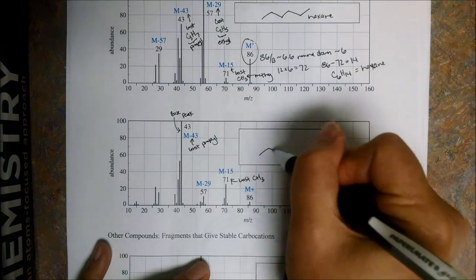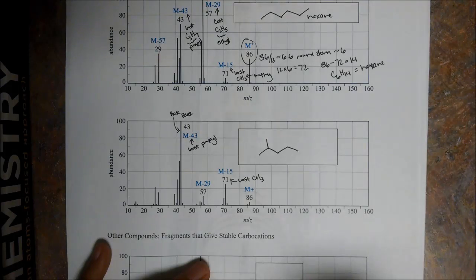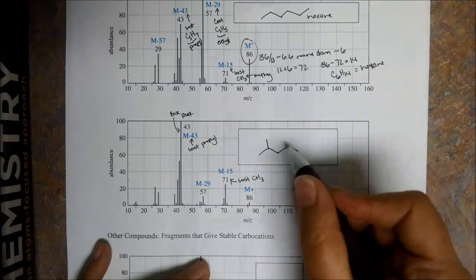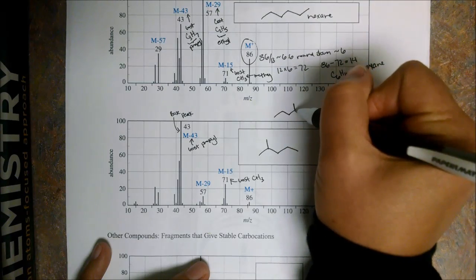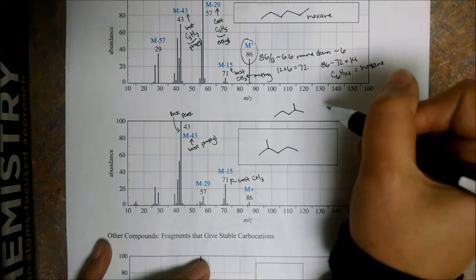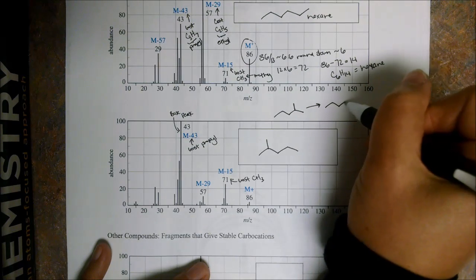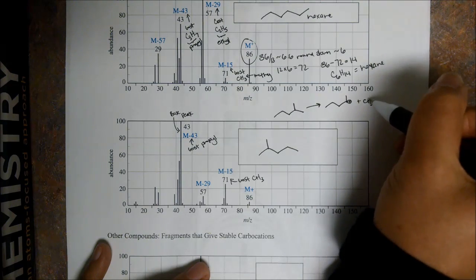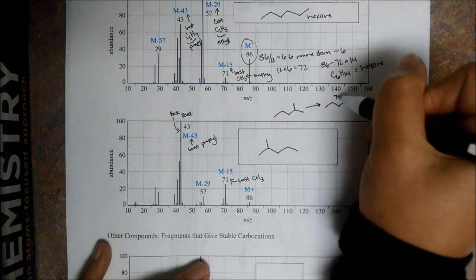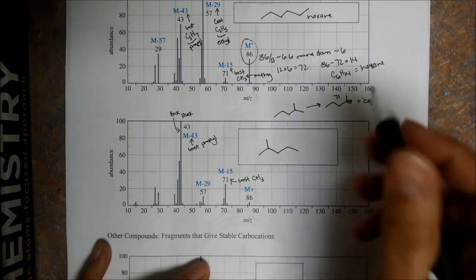Well, what if we had something like this? It's possible that we have this structure, because when we think about the different ions it could fragment into, we could lose a methyl group easily, for sure. This has a mass of 71. This gives a nice secondary carbocation.